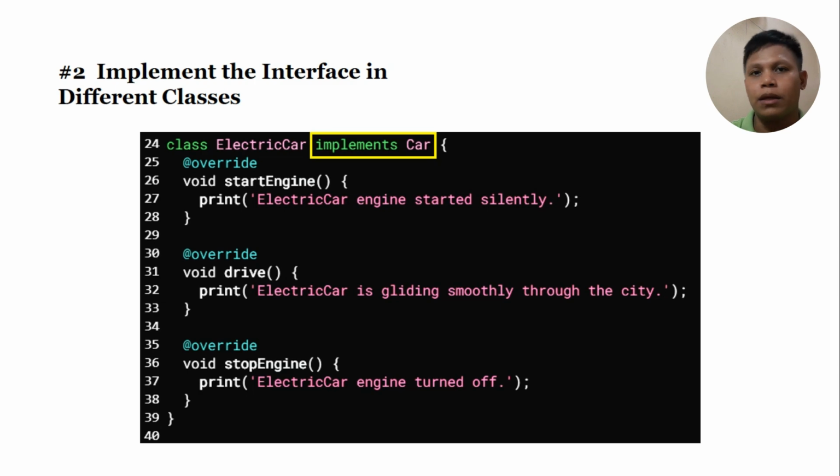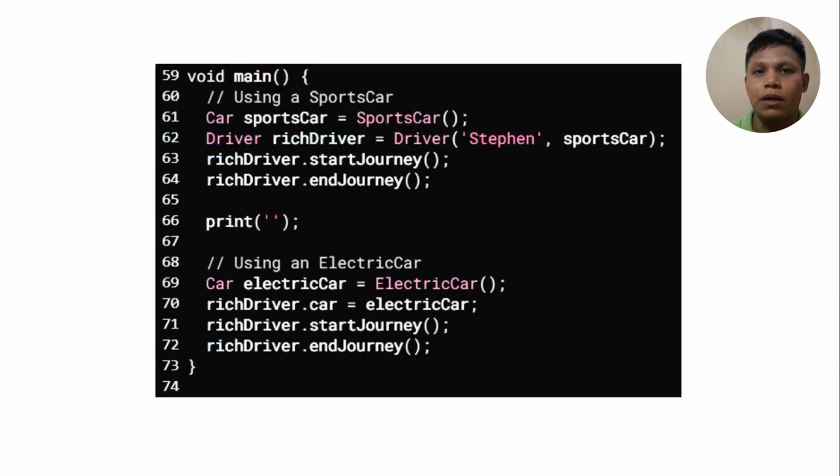Now, let's simulate that in an actual scenario. Let's say, for example, we define a main function where first we create a car object, specifically a sports car, and we create a driver object, and we will name this driver Stefan, yours truly.